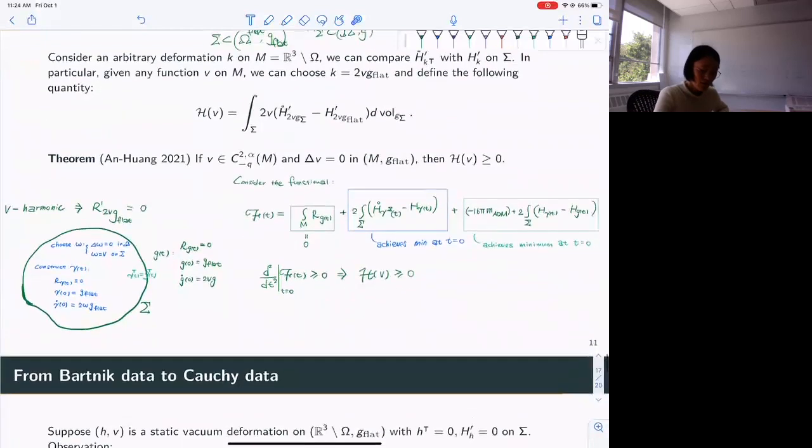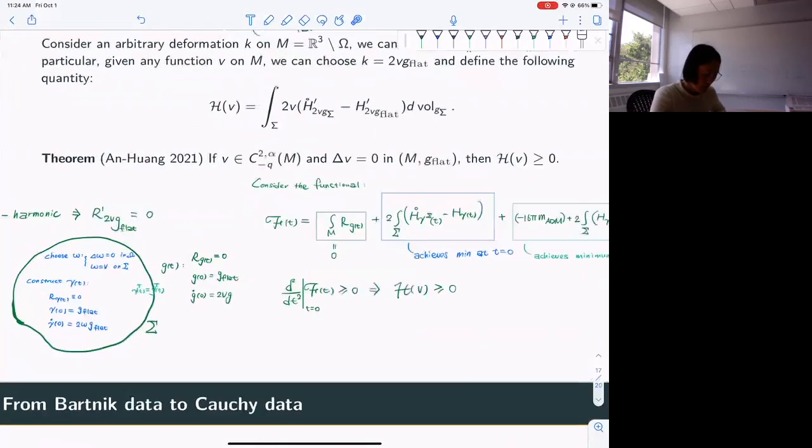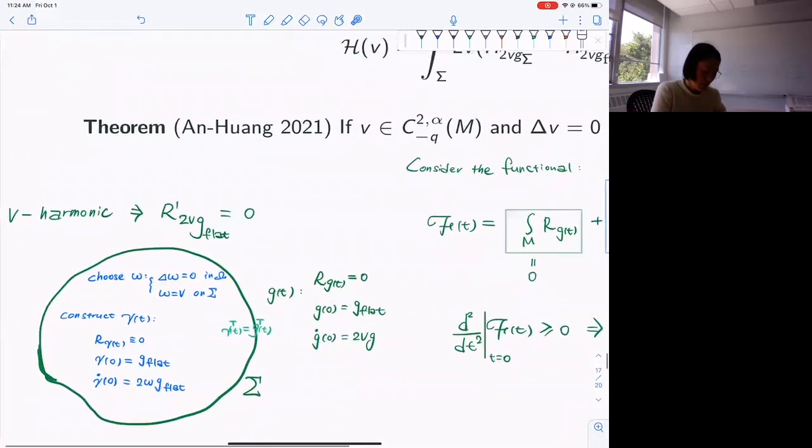Here is a rough idea of why this inequality is true. If we start with the harmonic function v, this conformal deformation 2v g, because v is harmonic, must be a scalar flat deformation. We can construct a family of scalar flat metrics which deform g along this family.